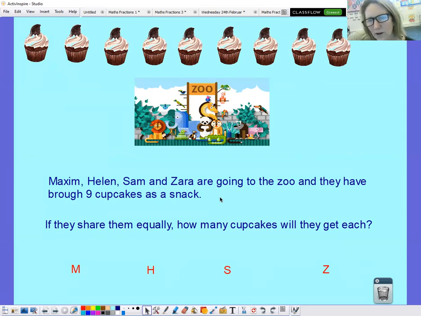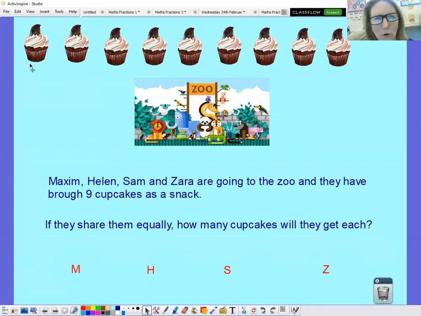This time we've got 9 cupcakes. Let's count. 1, 2, 3, 4, 5, 6, 7, 8, 9. And we've got just 4 children: Maxim, Helen, Sam and Zara. So just 4 children, but 9 cupcakes.